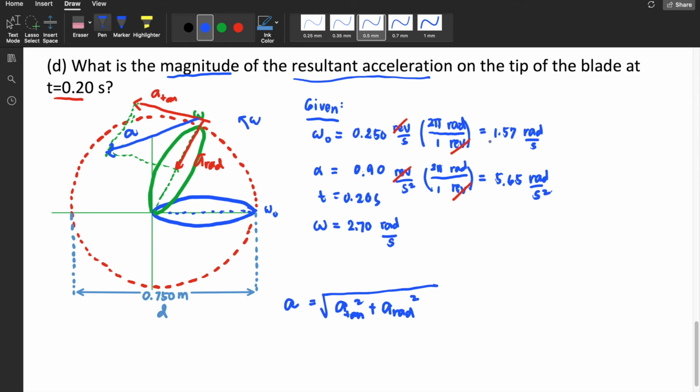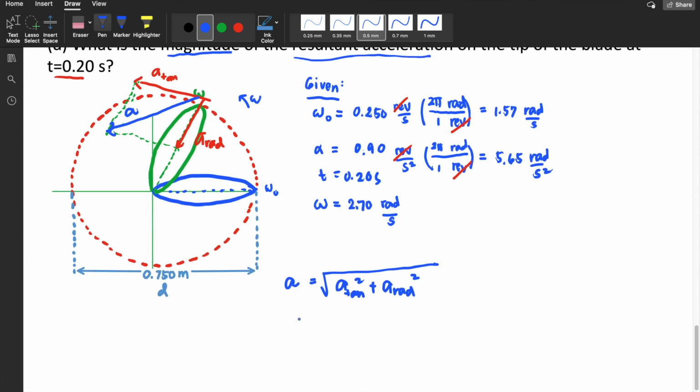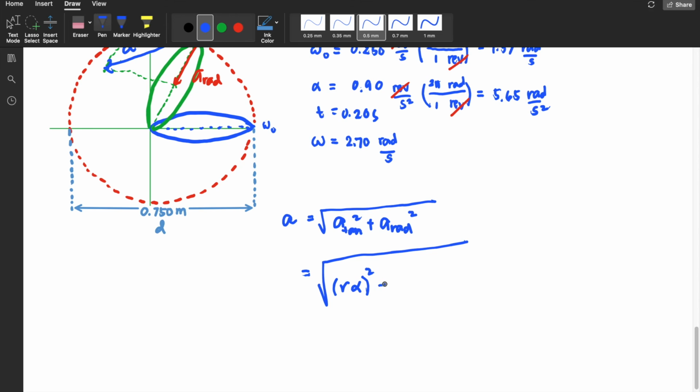Okay, so as you notice, I already converted each of the values to SI. So again, I repeat, ang gibuhat ko diri kay ang conversion factor, I place revolution sa denominator para ma-cancel out. Okay? And take note ang value sa pi 3.14. So here is that a tangential, ang equation kay r alpha, right? So you'll have r alpha and then squared, plus radial is simply omega squared r.